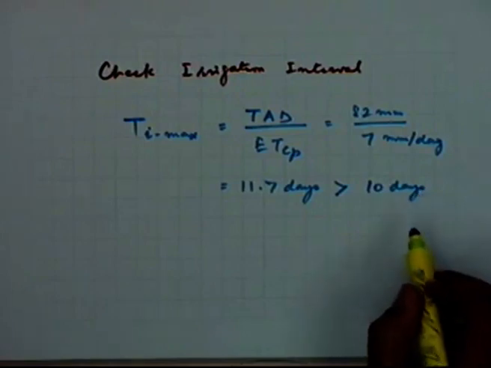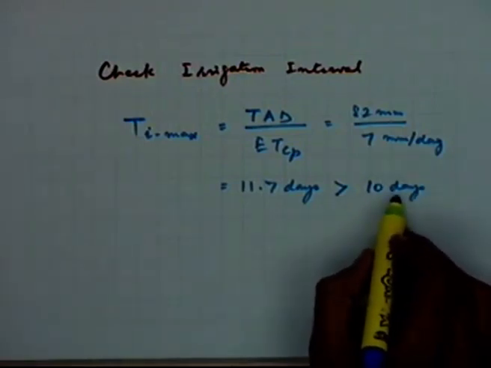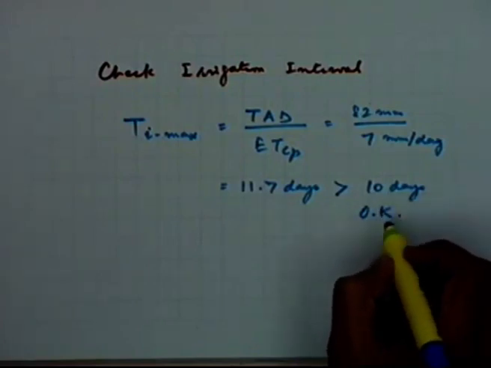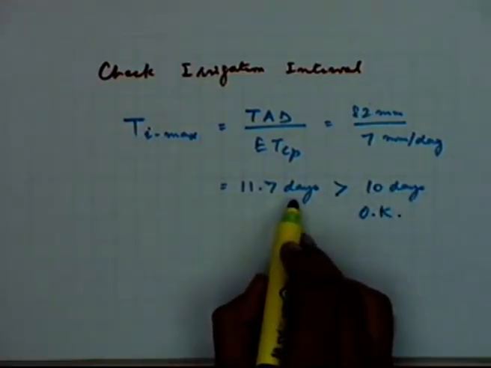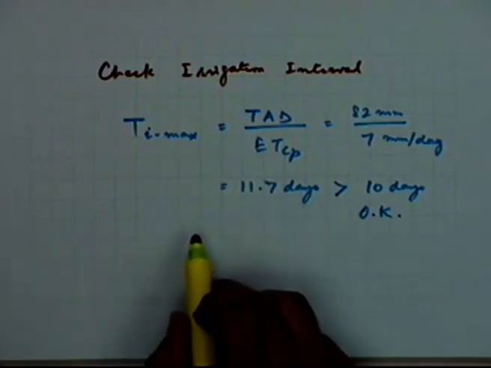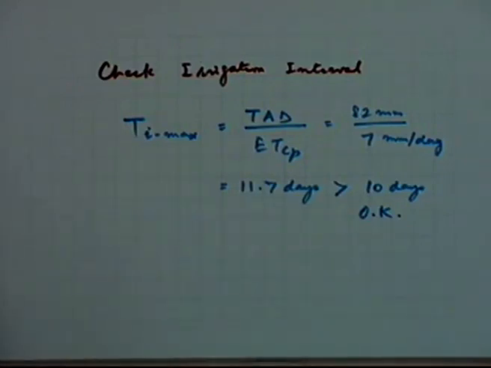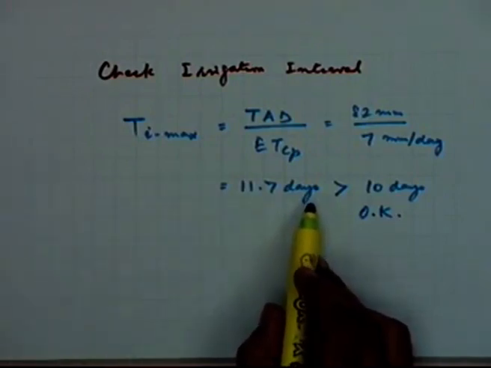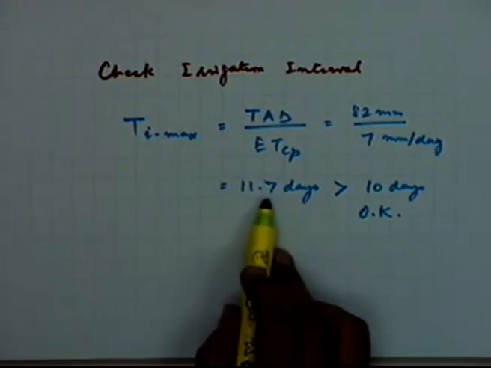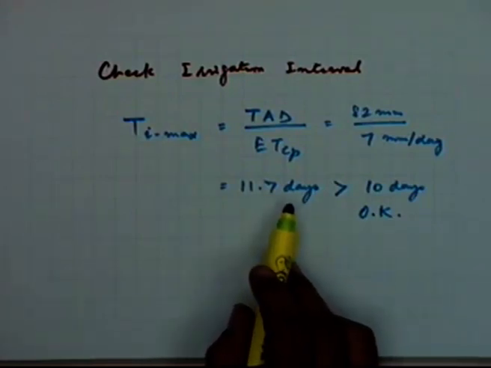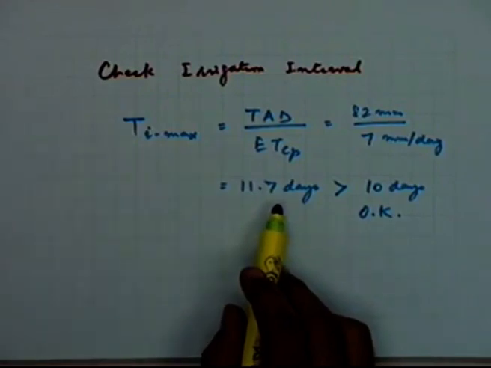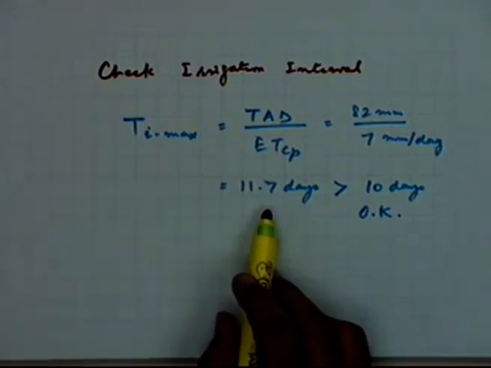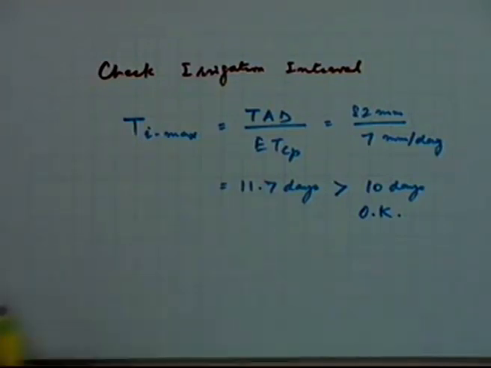So from that angle, this interval is okay because it is less than 11.7 days. As long as your actual period of irrigation is within this period, is okay. You can manage that. But if it was more than this 11.7 days, then you have a problem. In that case, by the time you come back to the same area, you might find that the deficit in the soil has gone to a level which is detrimental for the crop production.